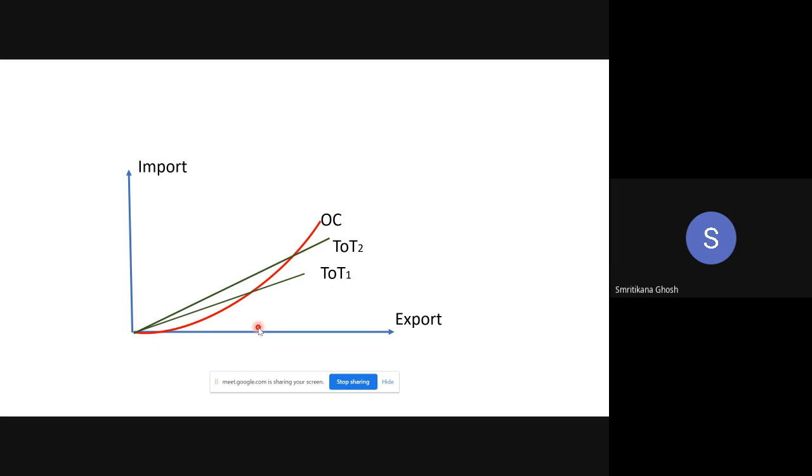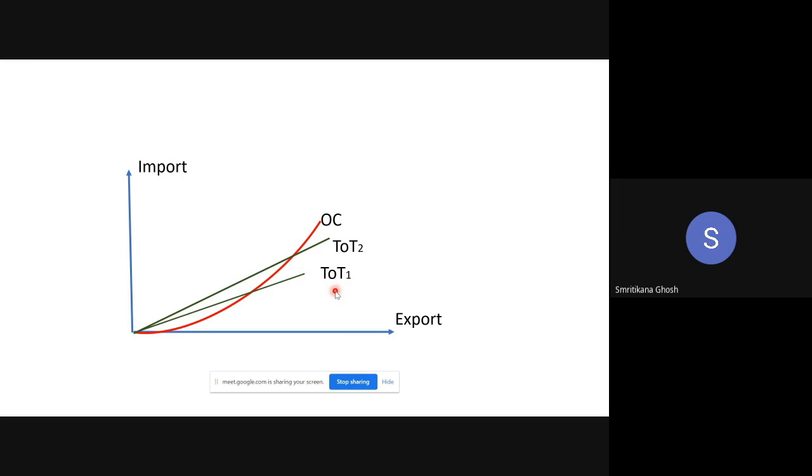This is broadly, I'm telling it broadly, I'm not going to the details. But is it okay? Terms of trade means the price of exportable by price of importable. So if this ratio is rising, that means price of exportable is rising, so you are encouraged to export more. On the contrary, if the ratio is rising, that means relatively your import is becoming cheaper, so you will import more as well.